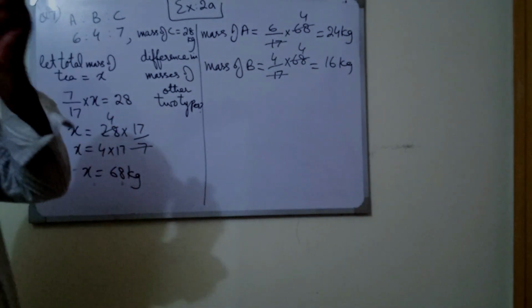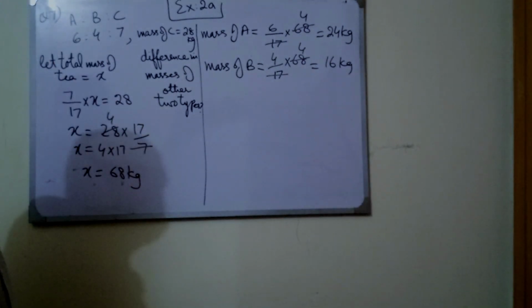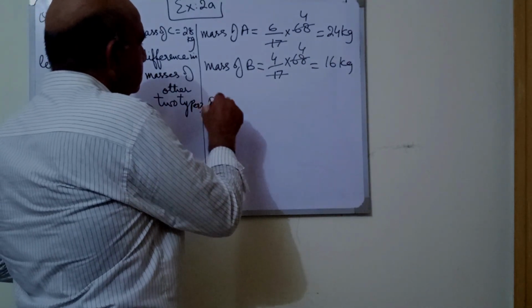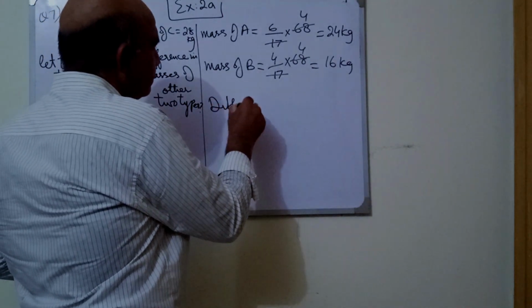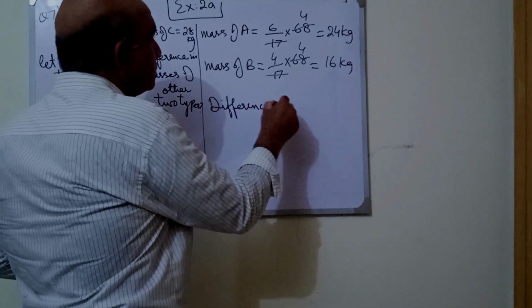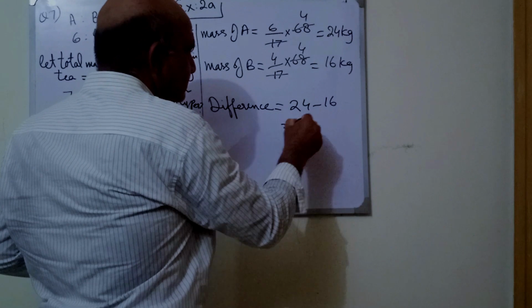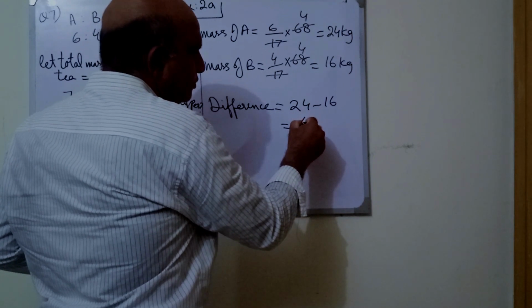Right? Now we find the difference of the other two types of masses. Difference of A and B, that's 24 minus 16 is equal to 8 kg.